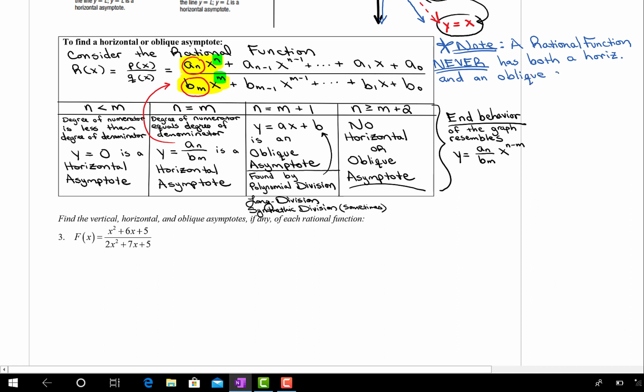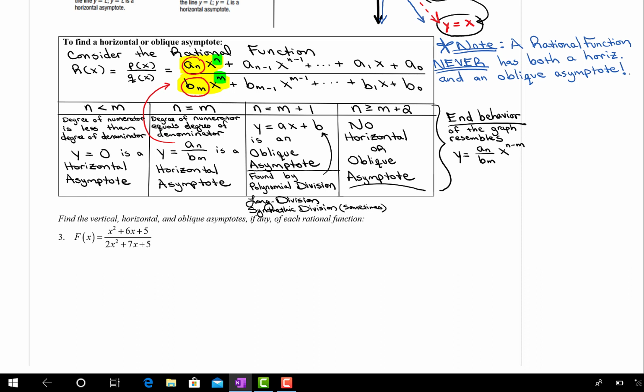It's either one or the other. Or you might not have either one, because it's possible that it doesn't have to have either of those. But you can't have both of them in one of the rational functions, right?